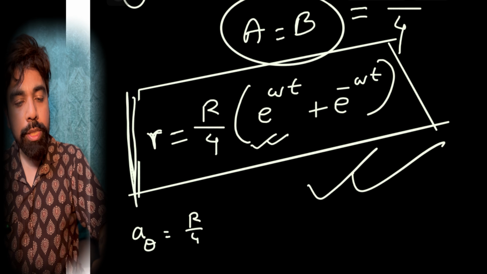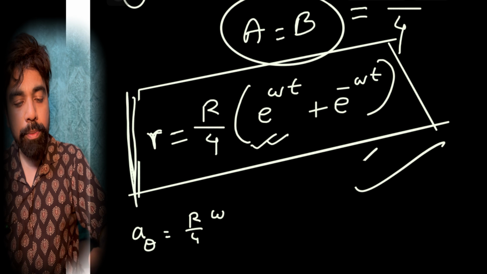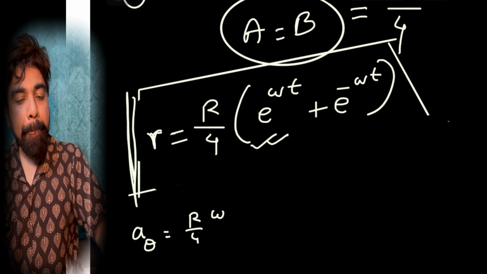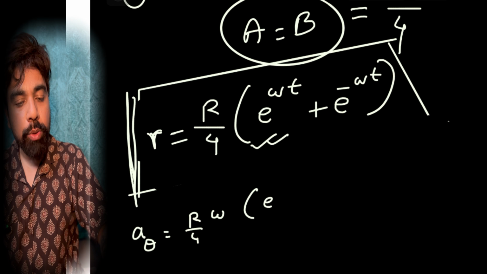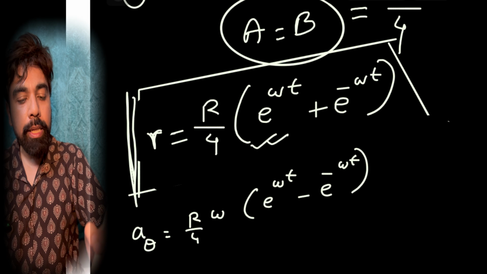R by 4 is constant, and the derivative of this will give me omega, so this will be r by 4 omega times e to the power omega t minus e to the power minus omega t. This is the r dot.